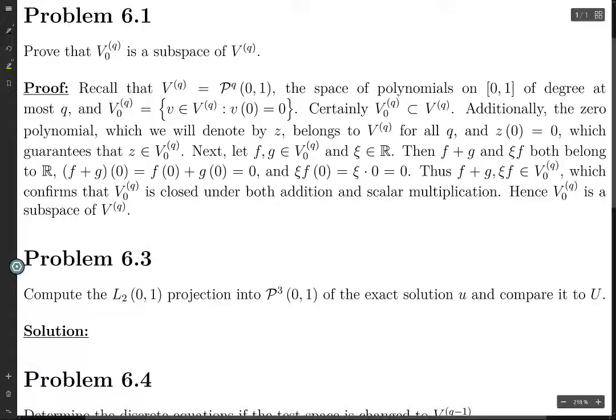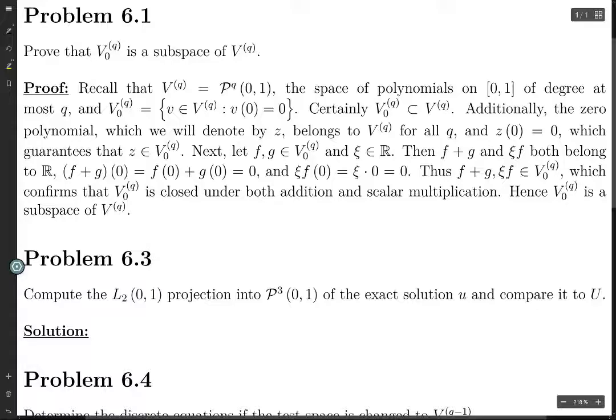So this is a subset of VQ, so in order for it to be a subspace, all you need to do is prove that it's a vector space in and of itself. So let's see here. That's pretty obvious. What about the zero vector? Well, the zero vector here is the zero polynomial. Just for ease, we'll denote it by z.